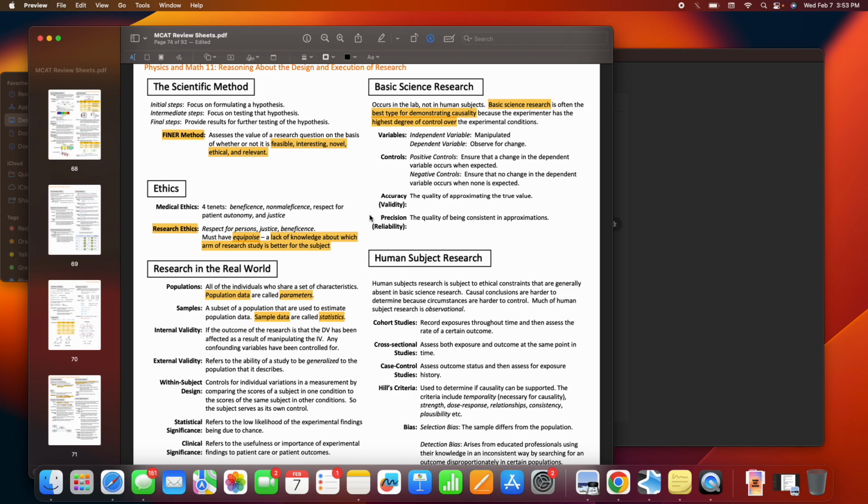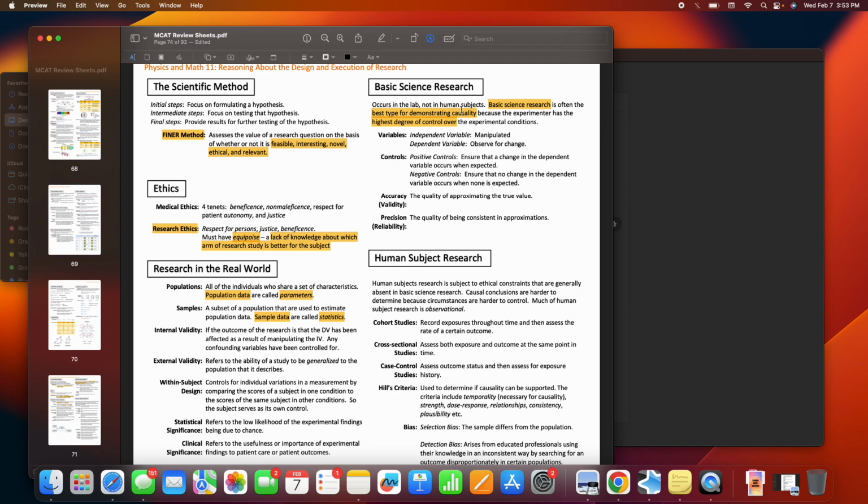Now, for basic science research, it occurs in the lab, not in human subjects. So it's in vitro, not in vivo.